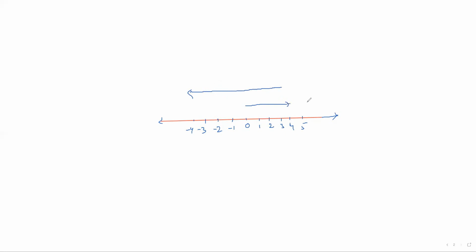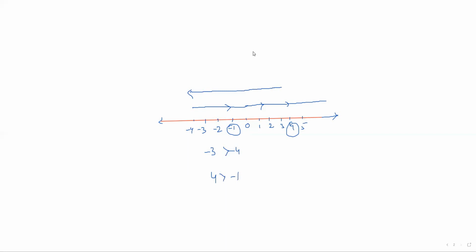But if you are moving to the right from anywhere, the value of the integer slowly increases. So that means -3 is greater than -4. Take any right side number and any left side number. 4 is greater than -1.